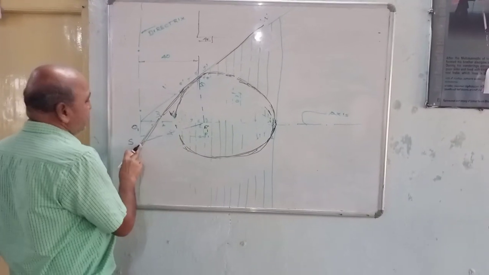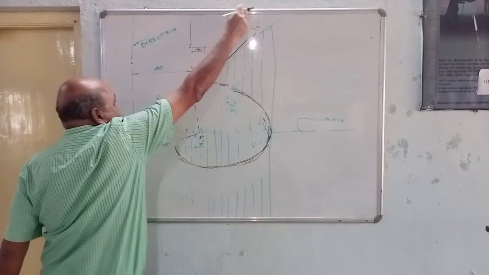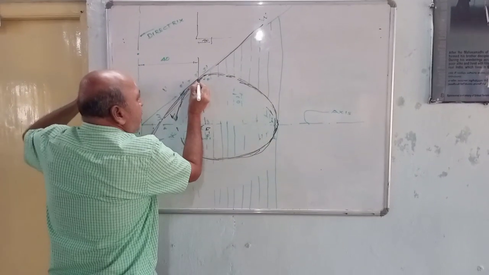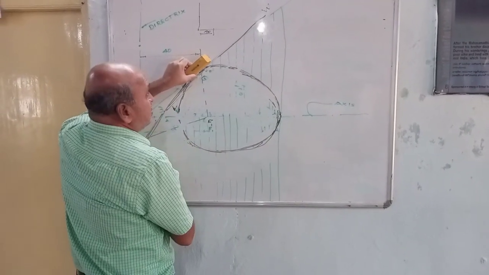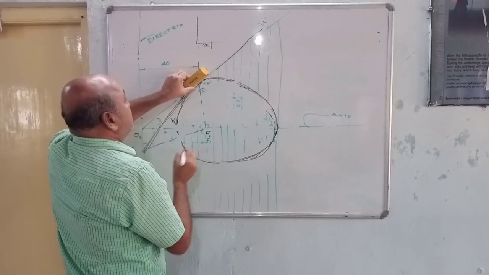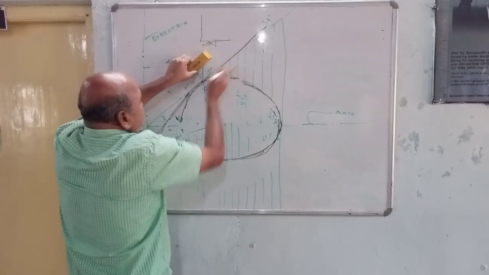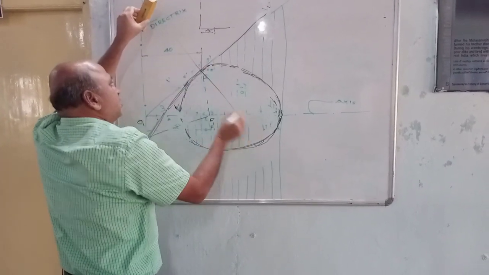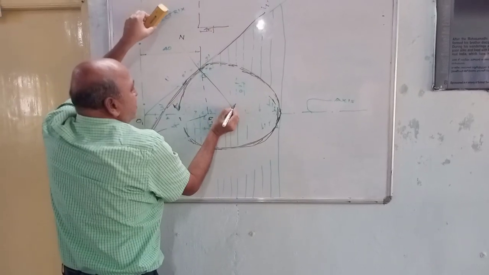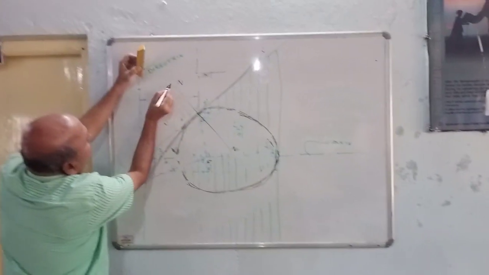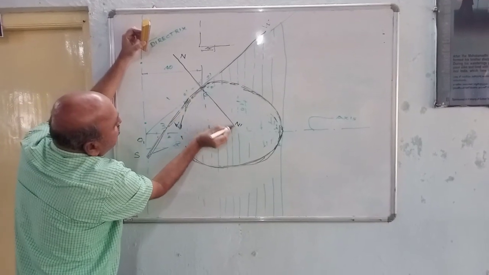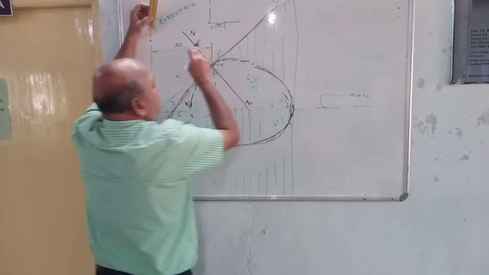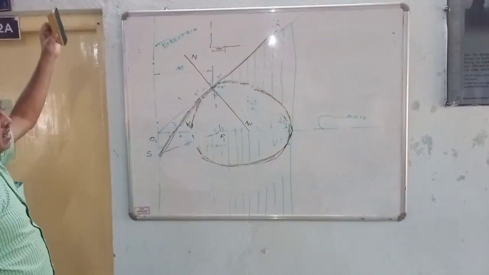Once again, after getting S, join S to Q and extend it. So it becomes the tangent. Now how do we draw the normal? For this point Q, draw the perpendicular to this already existing line, using the mini drafter scale like this in this direction. Let us say I am writing N and S is the normal, N and S is the normal. So this is the tangent and this is the normal. This is how we have to complete the ellipse.